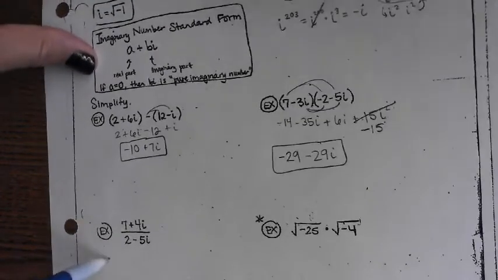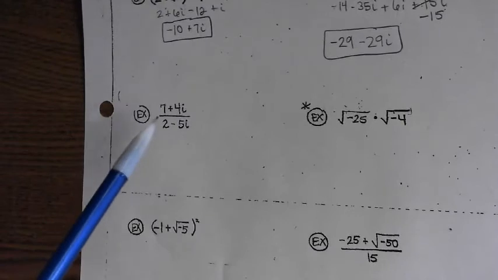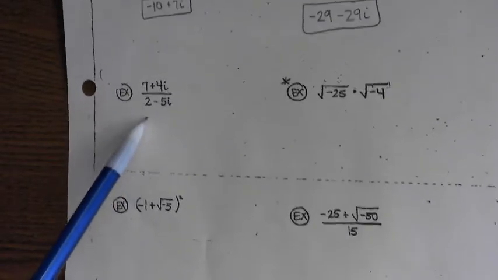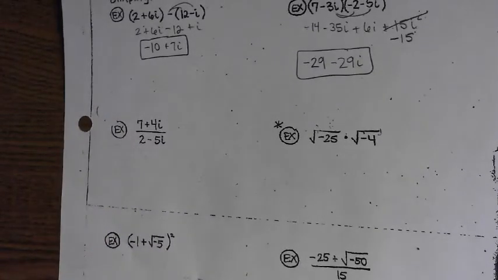How about the next exercise? Can someone first and foremost tell me what's wrong with that expression? Correct. You can't have an i in the denominator because that's like having the square root of negative 1 in your denominator, and we can't have radicals in our denominator. So we need to rationalize.